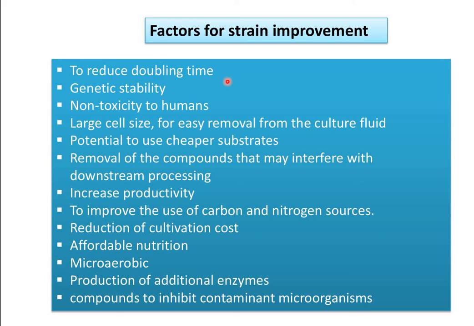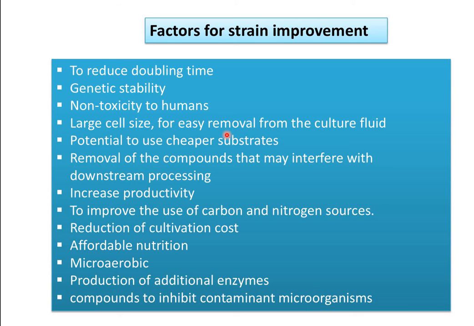Then genetic stability. We should look for the genetic stability of the microorganisms. They should be non-toxic to humans. Then large cell size for easy removal from the culture fluid, which is useful during the process.